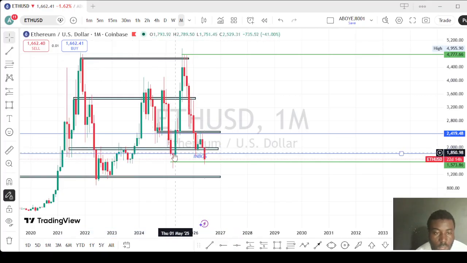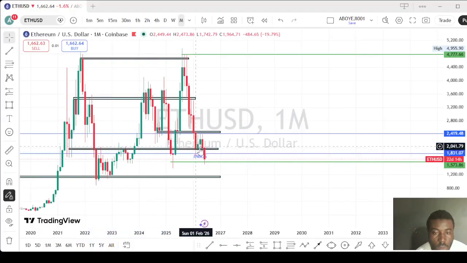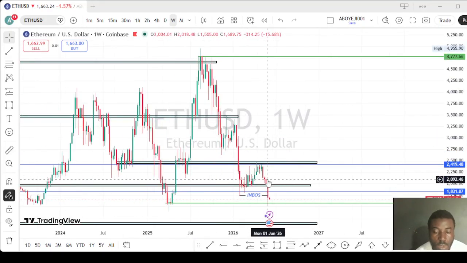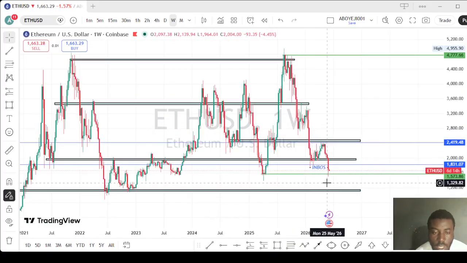You can see the monthly key level from here. So we guys be patient. Let's move to the weekly time frame. Let's see if we can see a retracement from here also, because this is a key level we are expecting the market to mitigate.